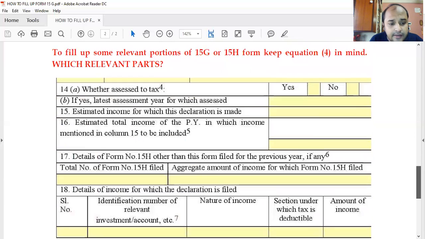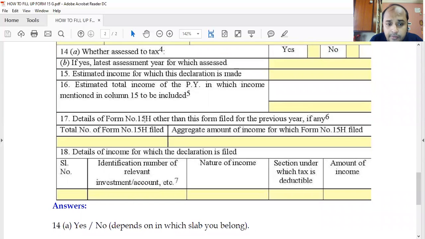In 17, it is written details of form number 15H other than this form filed for previous year, if any. Previous year means, again I'm telling you, this year. So how many forms are you going to submit in your bank? If it is other than this particular form you are submitting, suppose you have submitted another form, you write 1.